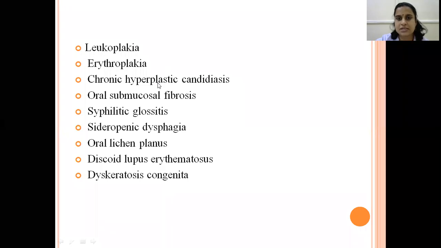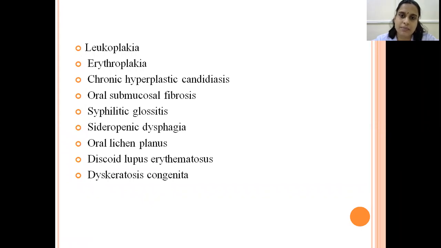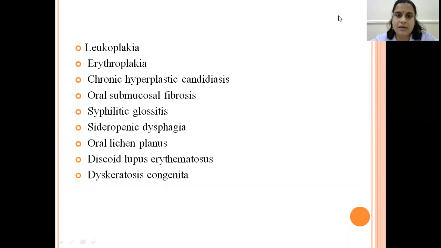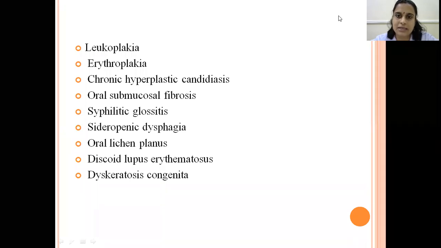So these are the conditions which have potential to turn into malignant conditions in the oral cavity. So this is a list of the premalignant conditions, and in the next class I'll be talking to you about a few of them, and we'll go into the oropharyngeal cancers.